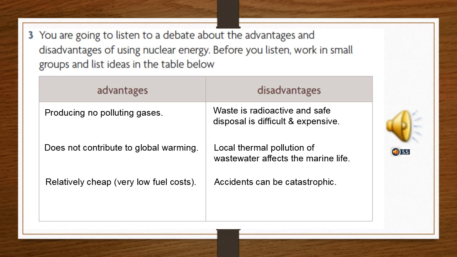A water source has to absorb the temperature of the nuclear power plants, and this wastewater affects the marine life. Finally, accidents can be catastrophic, like the Fukushima power plant disaster in Japan and the well-known Chernobyl catastrophe. So accidents, although they are very few, can be catastrophic.